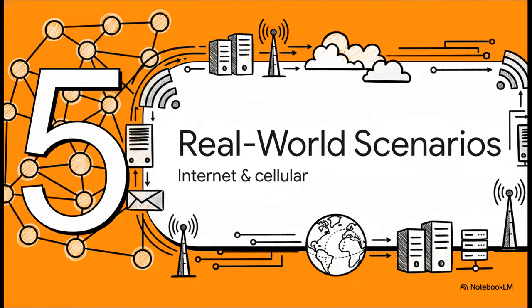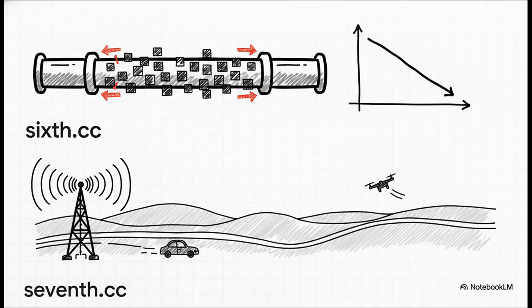Okay, with all those skills unlocked in our toolkit, we are now ready to take on what I like to call the final bosses of this tutorial quest. These last scripts take everything we've learned and apply it to really complex research-grade problems. So first up, sixth.cc dives deep into TCP, the protocol that basically runs most of the internet.